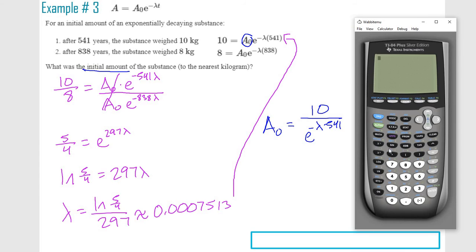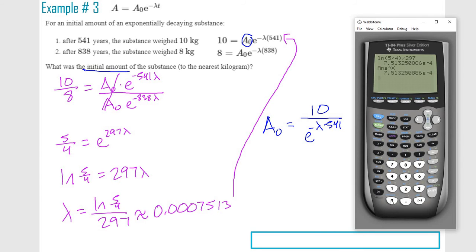just to make sure we know how to. So the natural log of 5 over 4, make sure you end the parentheses, divided by 297. That answer. Again, we can store it as x if we would like.